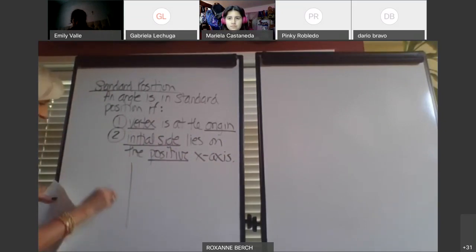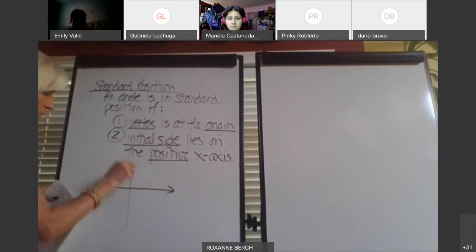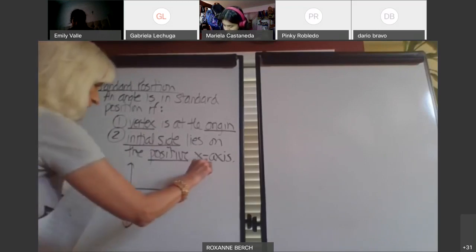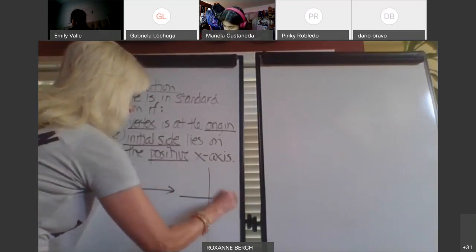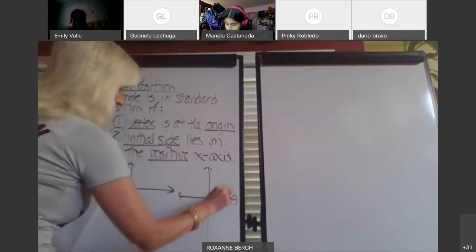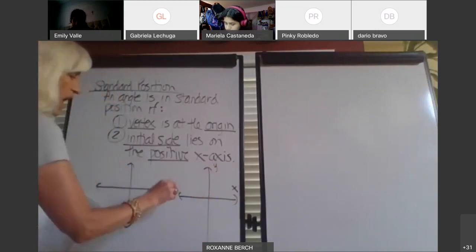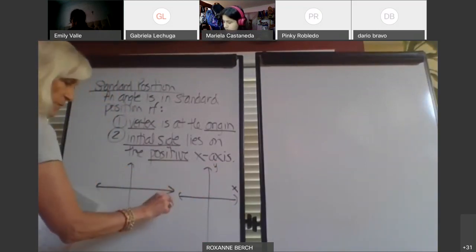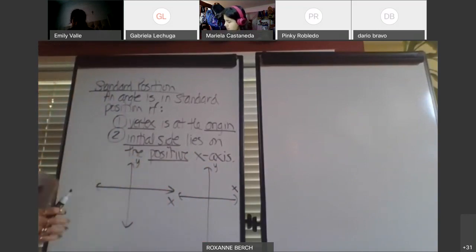So let me show you an example of this. I'll do 2 examples. Make sure also when you draw and name an angle in standard position that you label your coordinate plane. Mr. Johnston's real strict about that in calculus.